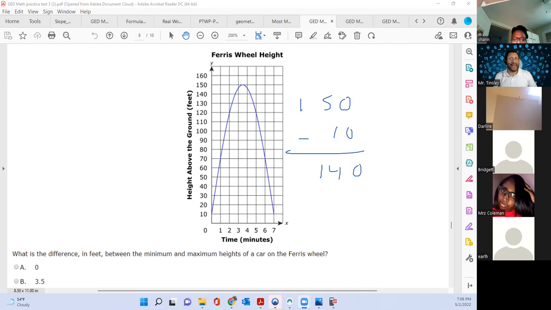Never leave anything blank. If you don't know it, pick a letter. Now, if you're at the end of your test and you got 5 left, just pick a letter, make them all the same letter. This is why standardized exams must have a normal distribution. What that means is all the answers that you can have must be around the same percentage.